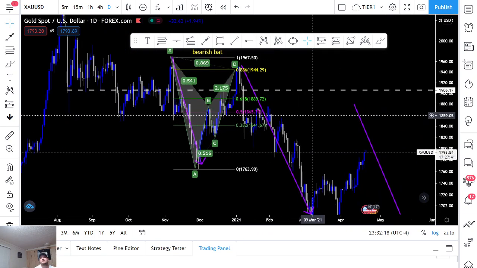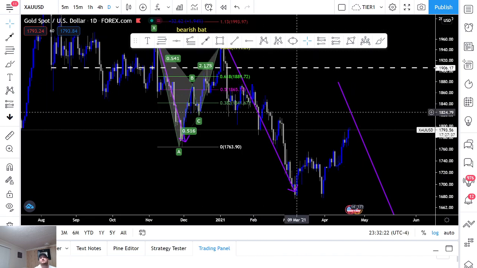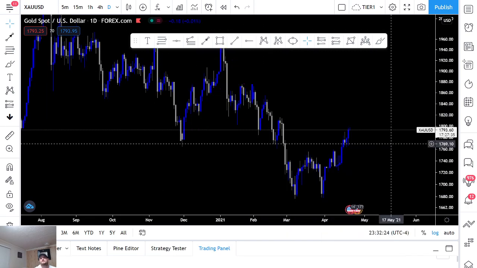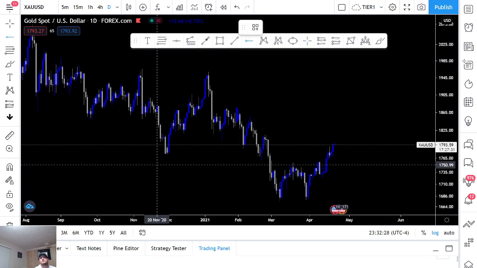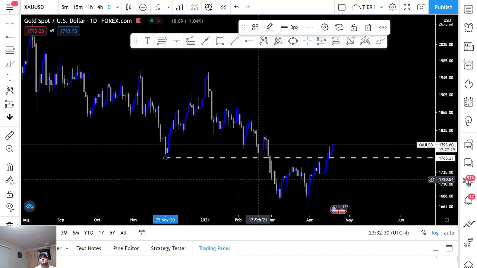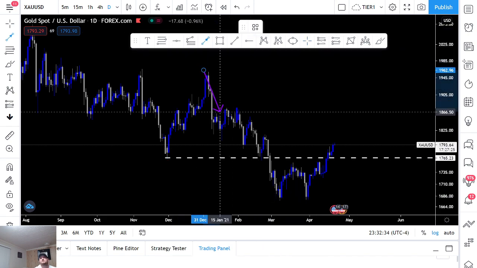And now we have another impulse leg down. So let's delete everything. So here's previous structure. Here's impulse leg.